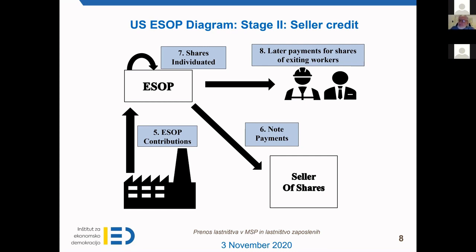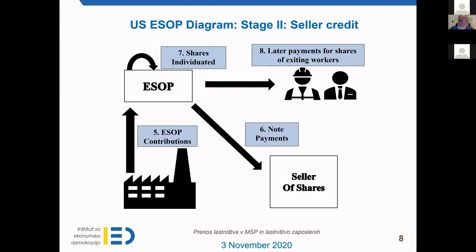In the American ESOP, it's a retirement plan, a pension plan, and so when a young worker, say in their 20s, comes in and says, oh, this is great, I'm getting shares, but when am I going to see any money? They say, well, you'll see the money when you retire. And that just isn't real. Young people want to buy an apartment or a car or whatever it is, and so they want to see some money in the near future.